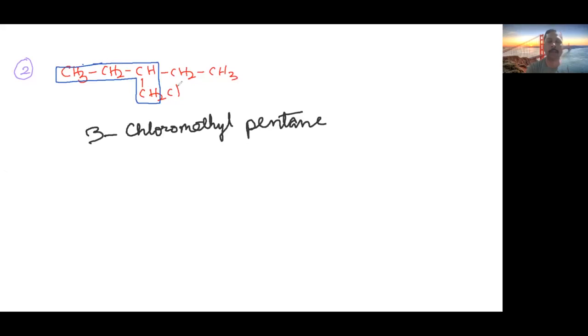As I told you, some functional groups are always treated as substituents. Now this entire group will be treated as a substituent only. So numbering will be done from here, and the main chain will be this one, the longest possible chain, rather than the chloromethyl. Now the name becomes 3-chloromethylpentane.